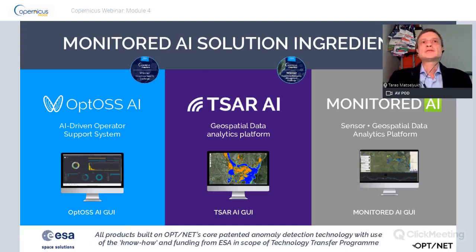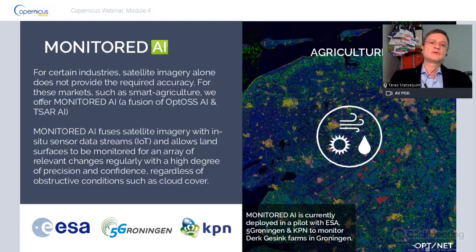The most recent project, Monitored AI, used the platform in the areas of North Holland and Groningen, where the product was used for mapping of agriculture activities.